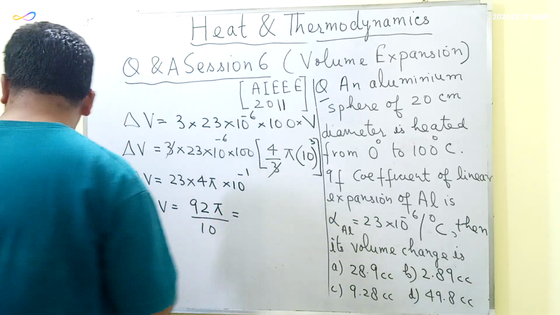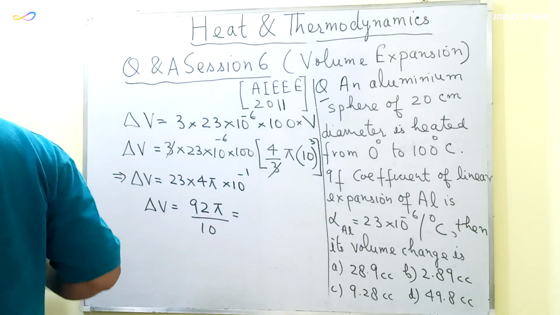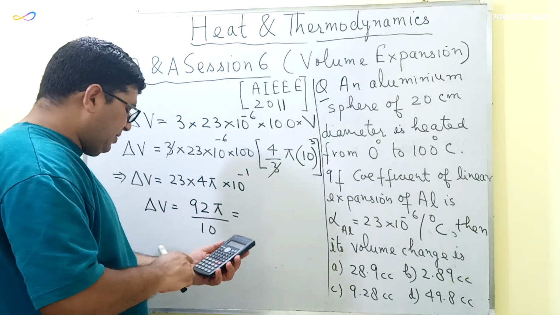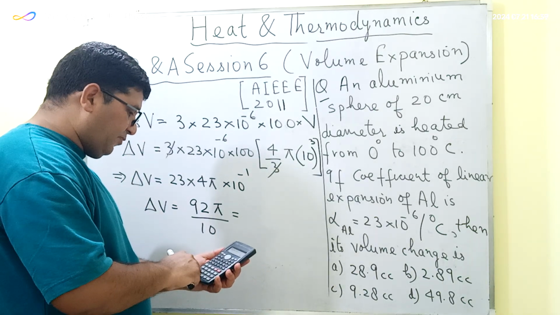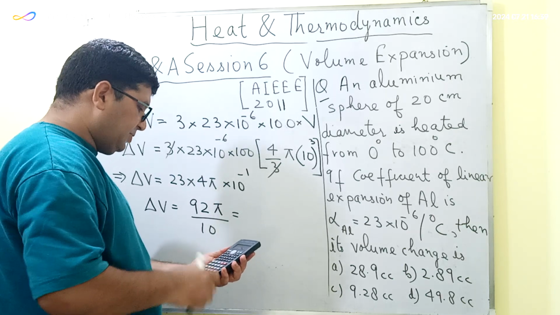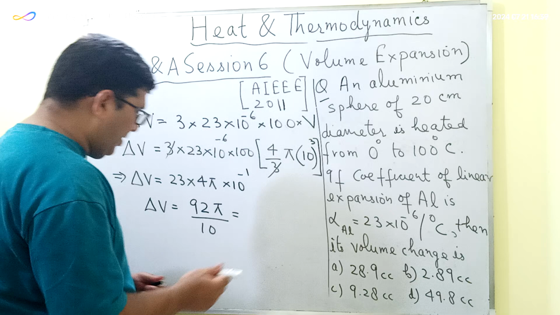Now if I calculate this value, I will take the value of pi as 3.14, so 3.14 into 92 is equal to 288.88.